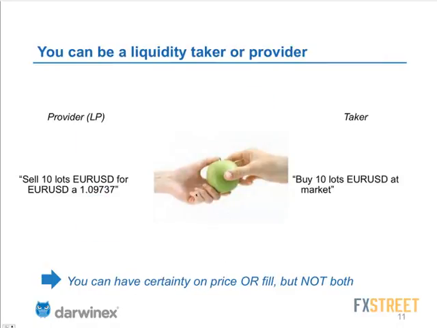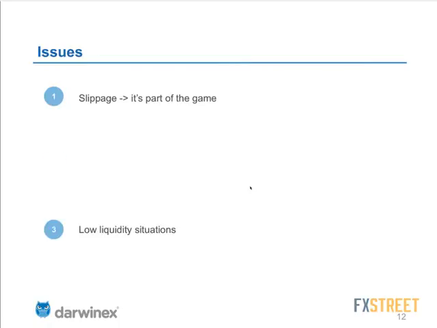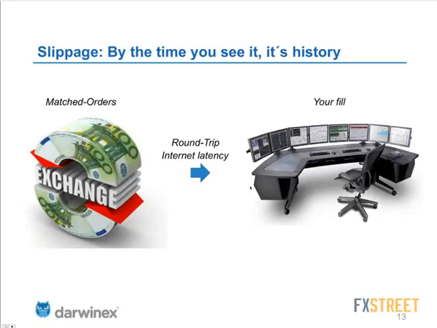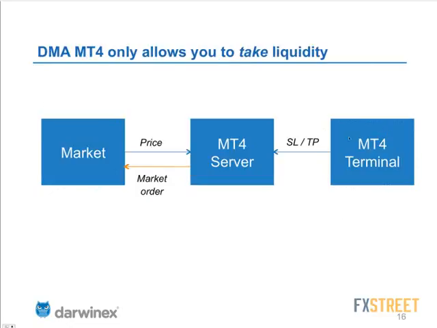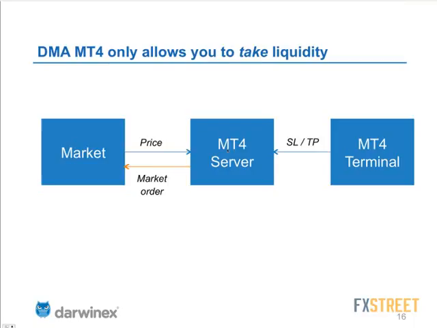So I was on the topic of being a liquidity taker and a liquidity provider, and this is coming back to the question that I got before, which is a really smart question on when you place a stop order, what price do you get filled at regarding spread? Well, this is important because of the way MT4 works. When you place a stop on MT4, you're sending your stop order from the MT4 terminal to the MT4 server, and the MT4 server is waiting to listen to the market price.